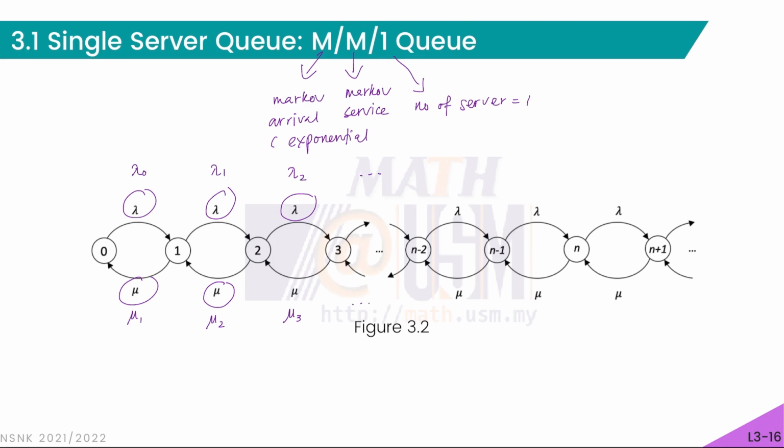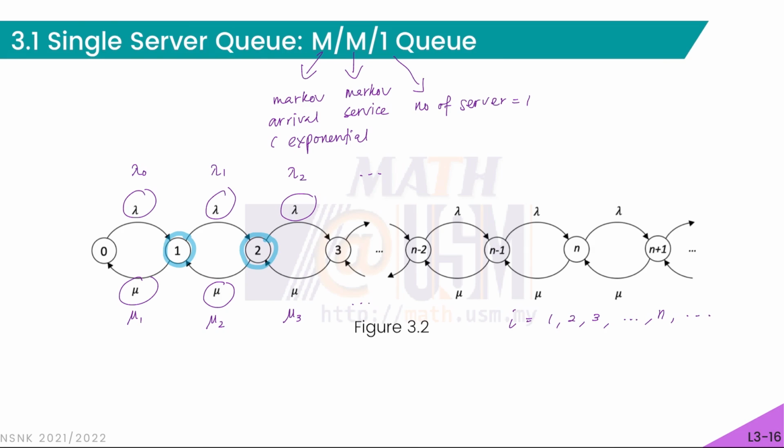We have the same value because you have only a single server. When you have one customer in the system, the server begins working and the service rate is mu. When you have two customers, one is being served and one is waiting in line. This is the transition diagram for i equals 1, 2, 3, until some value n, continuing to infinity.